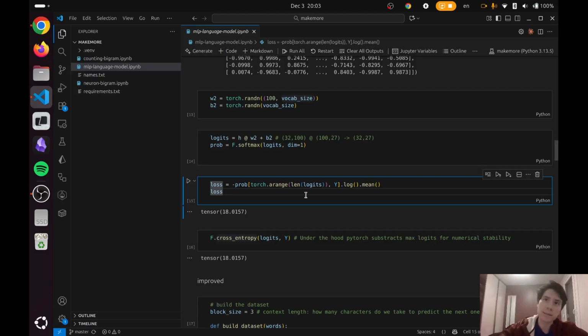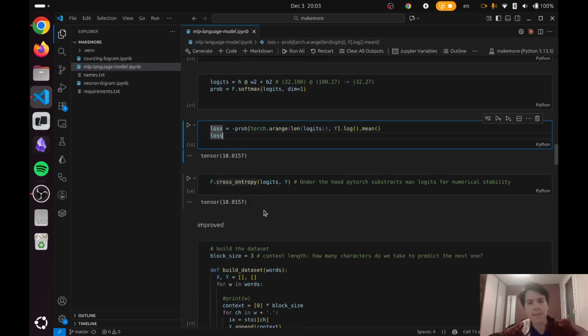So we can take that specific probability that should be as high as possible, and we're going to do this for each entry in the dataset. And then if we compute the mean, we get the actual loss. And it's the same as using directly cross entropy.